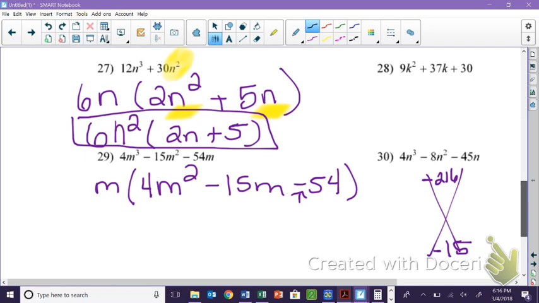So the first thing I'm going to do is take 216 and divide it by 2. 2 and 108, that's too big. So I'm going to take 216 again, and let's divide it by 3. That's 72. 216 divided by 4 is 54.